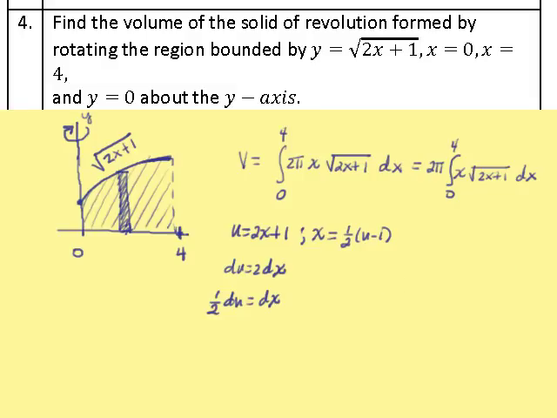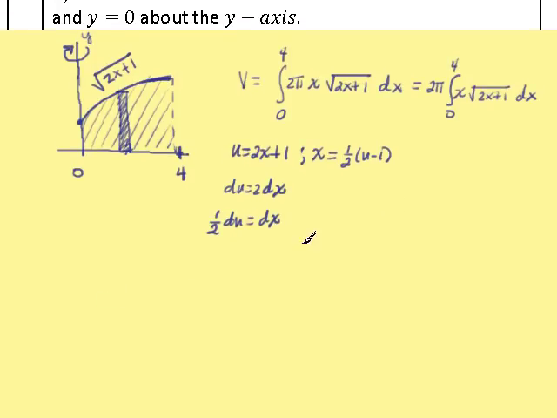All right, so we're ready to start our substitution. So here we have 2 pi. For x dx, we're going to put 1/2 du, so I'll just put the 1/2 over there, and the du here. That's x dx. I just substituted for x dx. Square root of 2x plus 1, that's square root of u, or u to the 1/2.